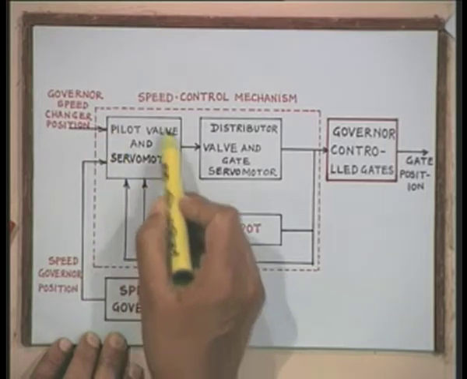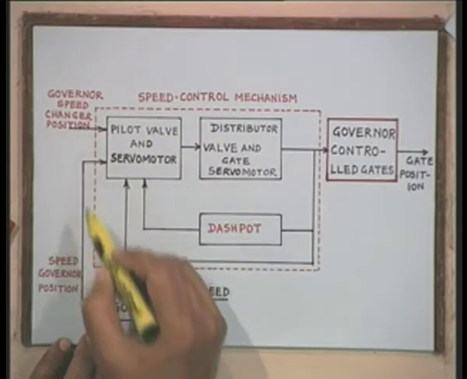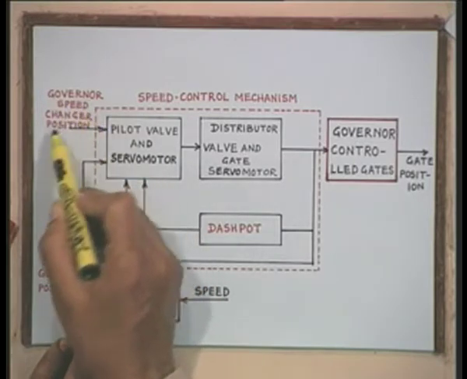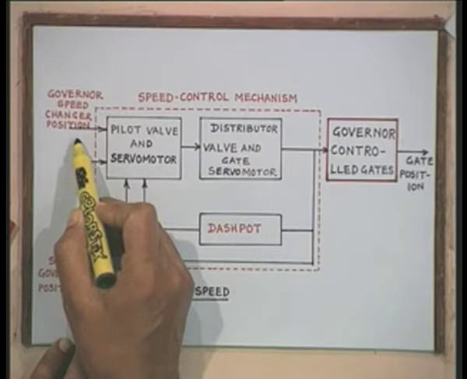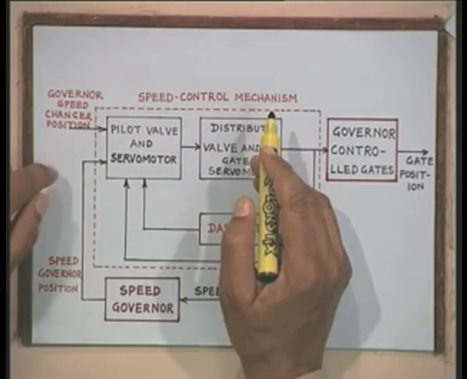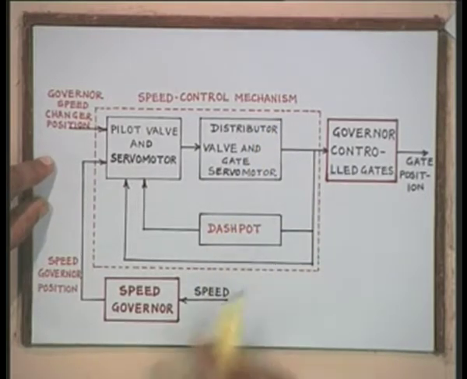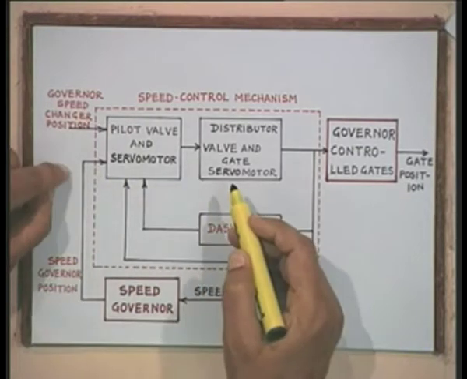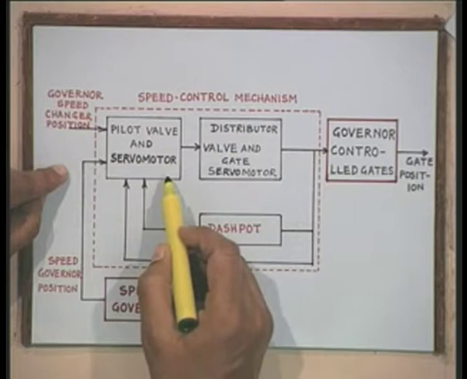The input signals to this pilot valve and servo motor are the speed changer position, which is the signal which comes from AGC of the system, and another is the speed governor position. These two are the input signals to the pilot valve and servo motor.